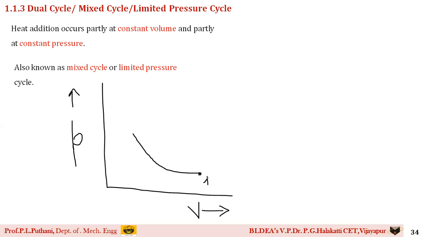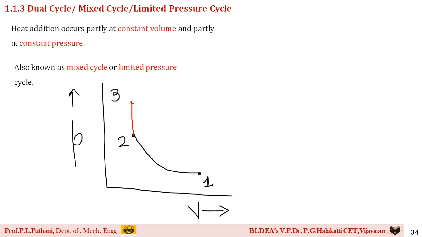This is 1 and this is 2. Now, as per the statement, in the dual cycle, heat addition takes place partly at constant volume. It is like this constant volume process. This is process 2 to 3.